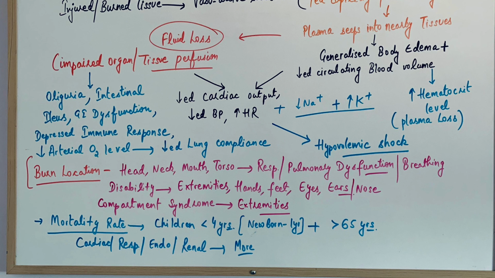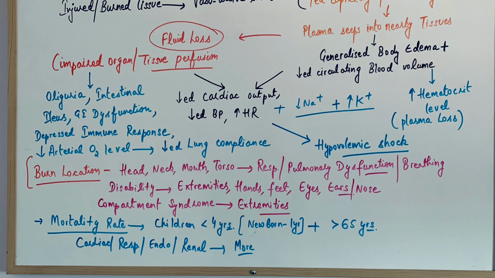Because these persons have a decreased immune response and they already have decreased fluid levels and decreased immunity. So all these factors combine together in older persons, so the mortality rate is obviously high.